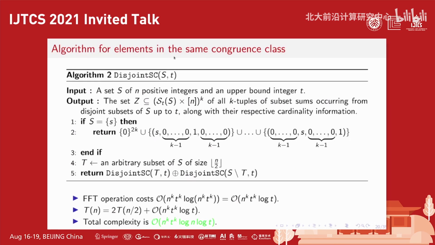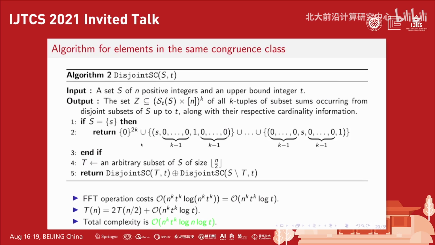Now we present here the algorithm running for the elements in the same congruence class, where we essentially have two distinct cases. If our input is a set of a single element, we just take all the possibilities. We either add this element to none of the k subsets, along with keeping its respective cardinality, or we add it to exactly one of the subsets, and we simultaneously increase the respective subset's cardinality.